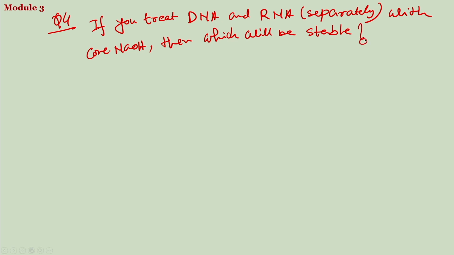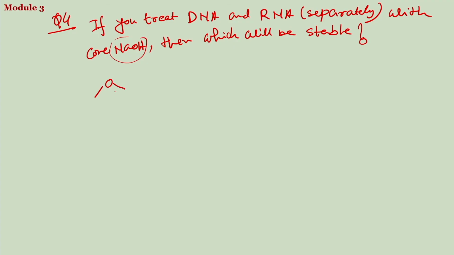Will DNA be stable in sodium hydroxide, or will RNA be stable in sodium hydroxide, or will none of them be stable? So, this is base, so this is your DNA without the hydroxyl.